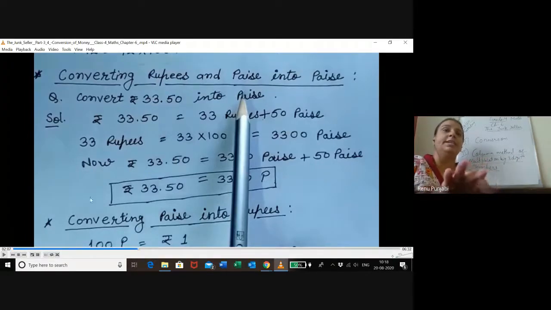When it is written 33.50, after the decimal, or the point, is the paisa. When you go higher you will learn the chapter on decimals, but right now you should know this. Before the decimal are the rupees. When we write the price or the amount in numbers, we write 33.50.